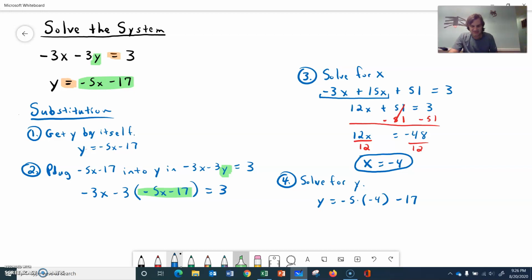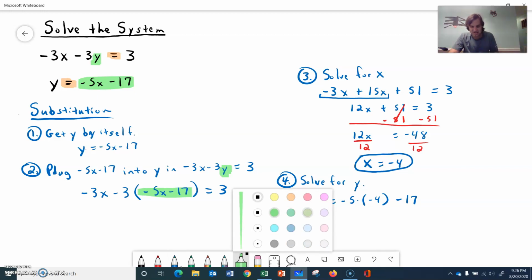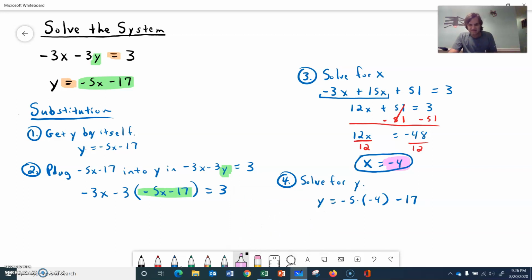We're replacing the x of negative 4 in for the x in the second equation. And there we will just evaluate. So y will be 20 minus 17. Y will be 3. So the solution to the system of equations should be x is negative 4 and y is positive 3. We solved that by substitution, and we followed those steps.